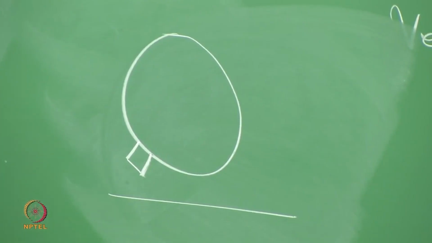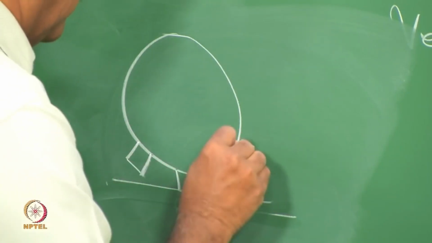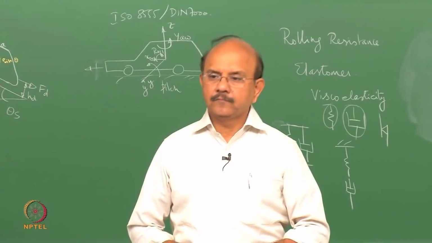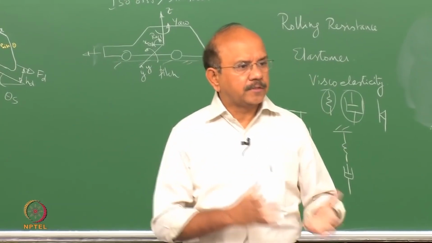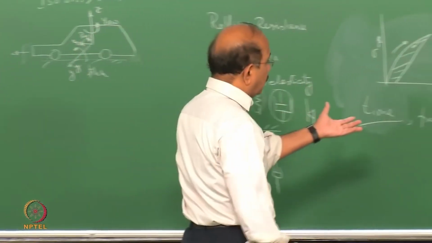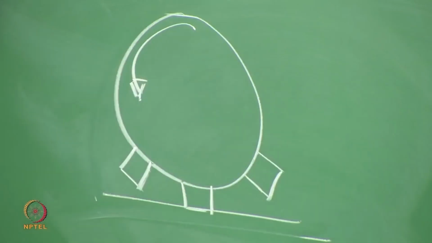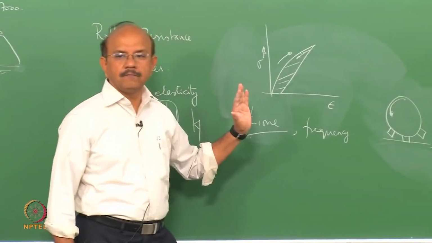So, this tread material as it approaches gets compressed and then again gets released. The material inside the tire, which we are going to see, also gets compressed and released. Or in other words, there is a loading unloading cycle as the tire rolls, similar to what you see in this stress strain curve.